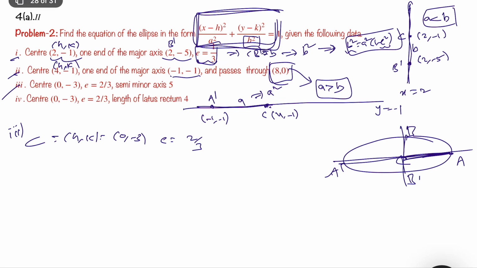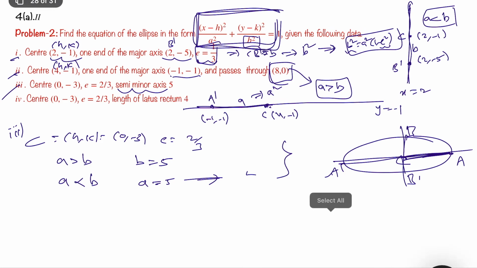So there are two cases here. If you consider the a greater than b case, the semi-minor axis length means b equals 5 is given. If you do that, you will get one ellipse. Next, if you consider the a less than b case, that means a equals 5 is given. In that case, you will get another ellipse. You have to do it in two cases.